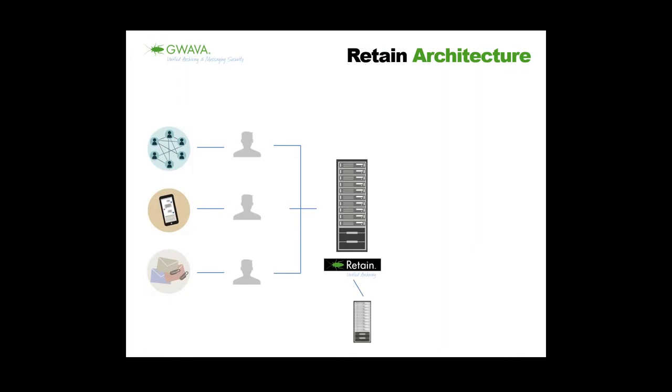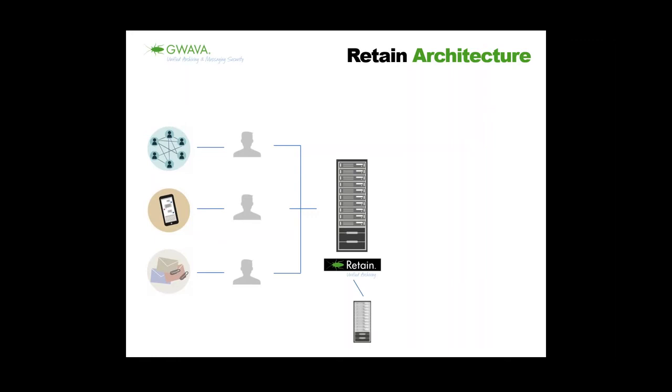So we can archive from Facebook, Twitter, we can archive from LinkedIn, Yammer, we can archive mobile phones, meaning BlackBerry, Android devices, and also iOS devices, and we can archive from message systems, Microsoft Exchange, Office 365, we can archive from GroupWise, we can archive from Google Mail, Google Apps.